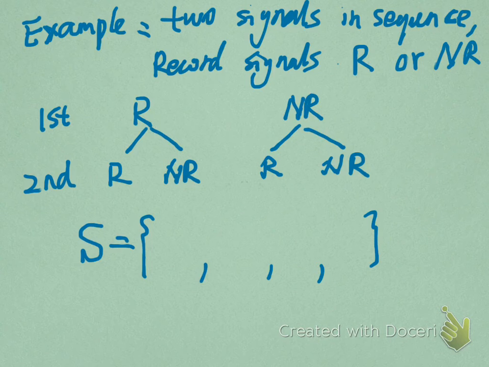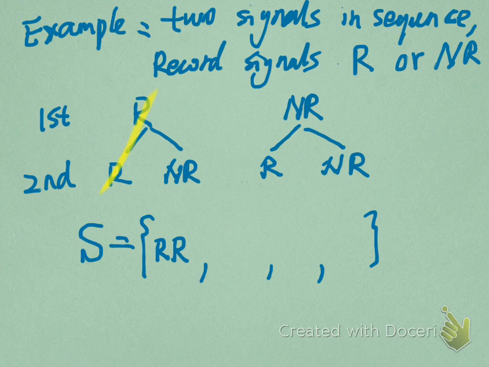The first one is R for the first signal and R for the second signal. So we write our result as RR. The first R means the first signal is received, and the second R means the second signal is received.